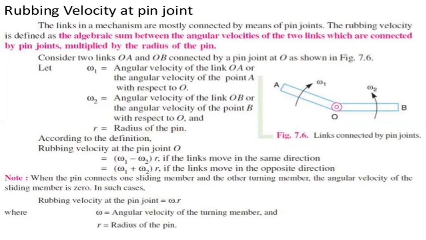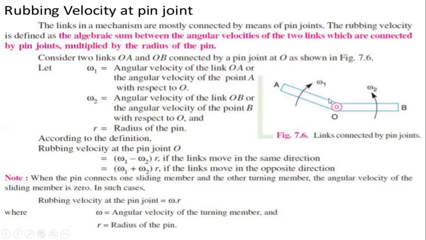The rubbing velocity is defined as the algebraic sum of the angular velocities of two links which are connected by the pin joint, multiplied by the radius of the pin.